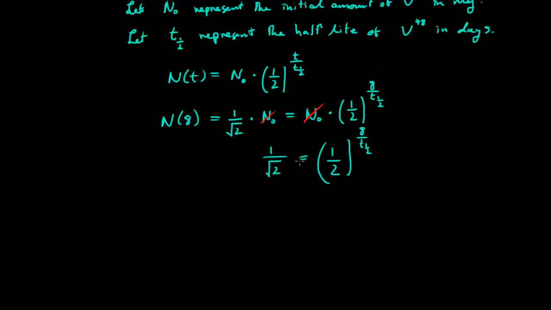Now I can rewrite both of these. 1 over root 2 I can rewrite as 1 over 2 to the power of 1/2. So I've rewritten this so that each side has the same base.